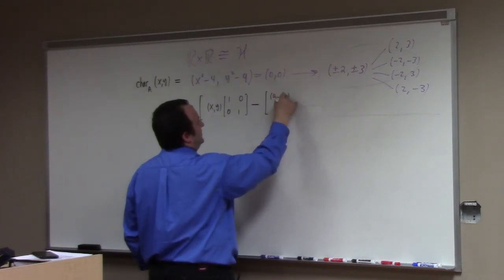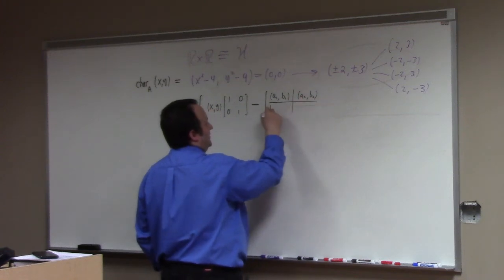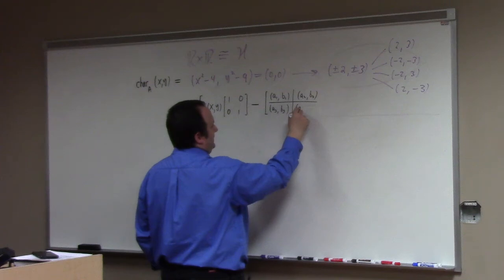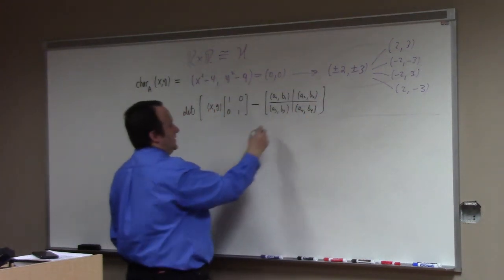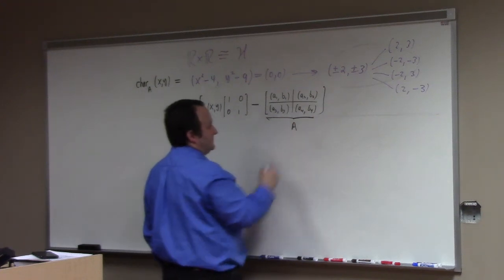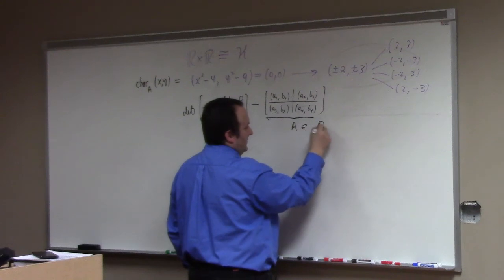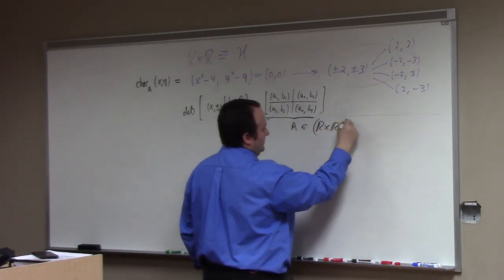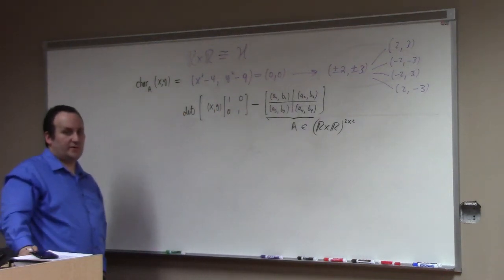A1 comma B1, A2 comma B2, A3 comma B3, A4 comma B4. This is my candidate for A, which is an element of the direct product algebra, the 2 by 2 matrix in the direct product algebra of R with R.